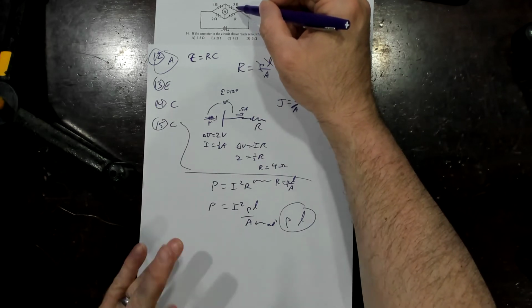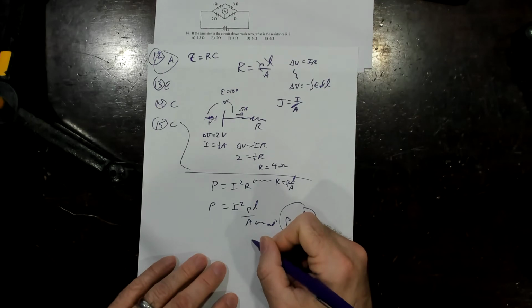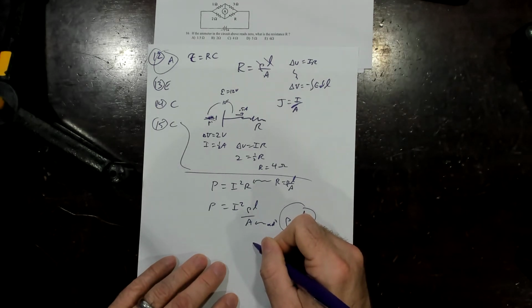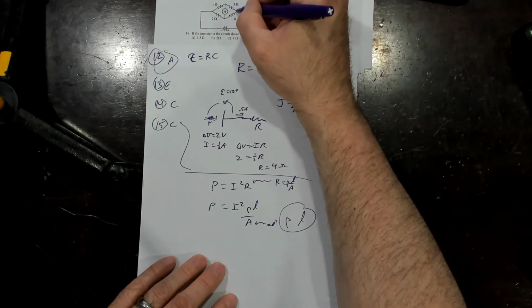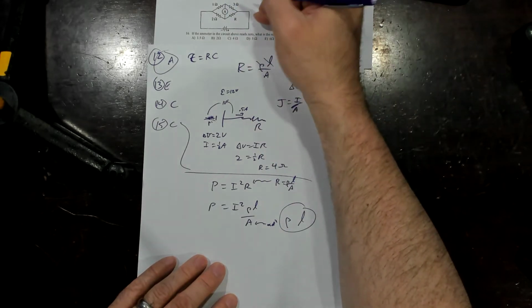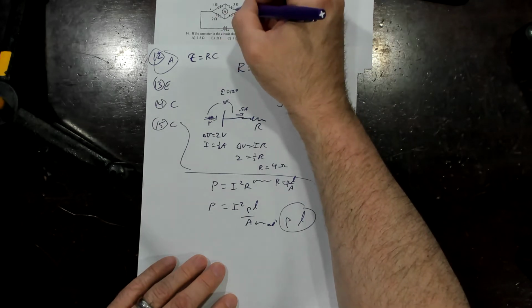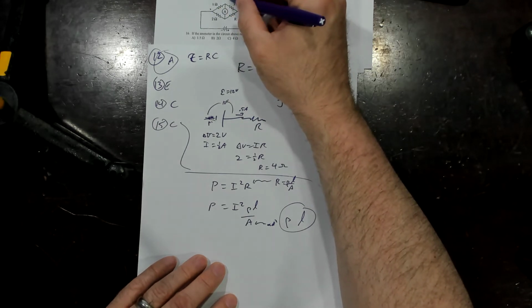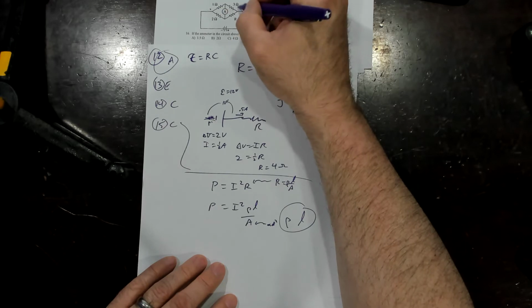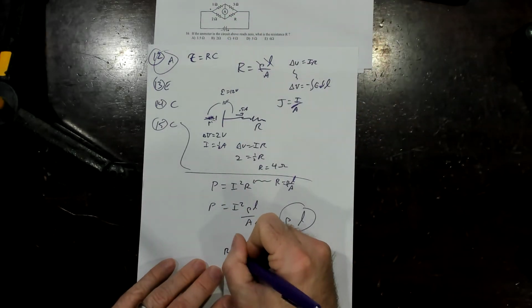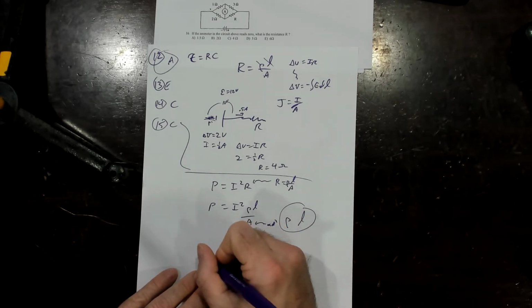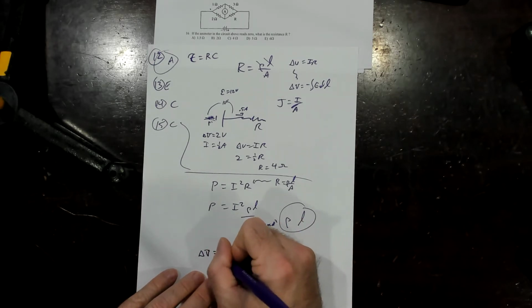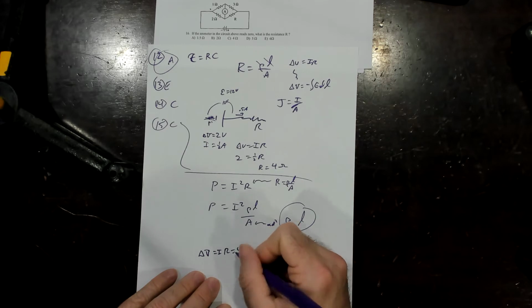I know I've got to go proportionally down the same voltage from here to here as I do from here to here. In this top branch I have a resistance of 4, and my delta V is going to be I times R, so I times 4.